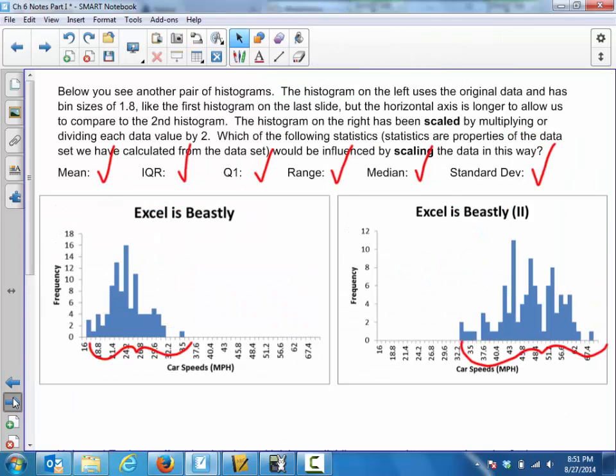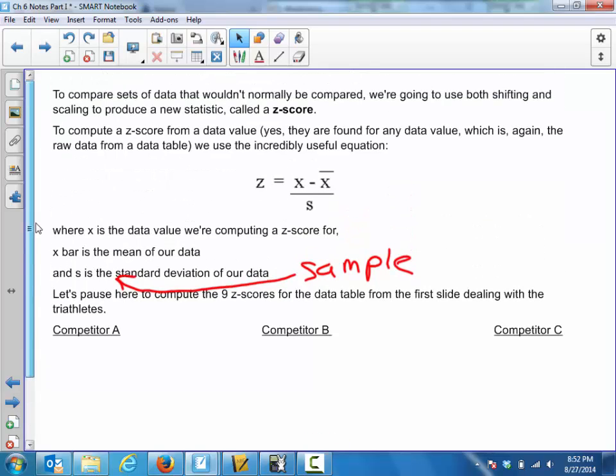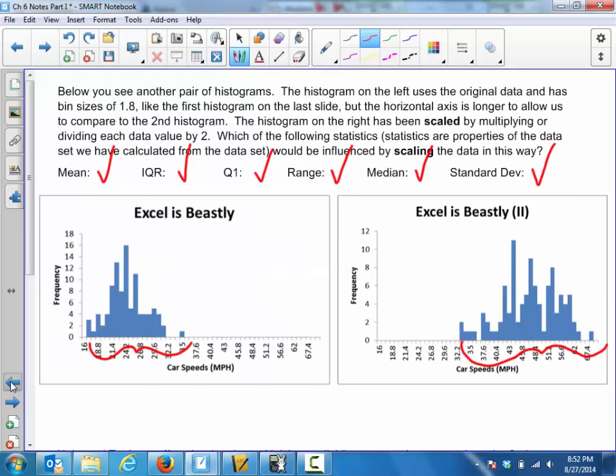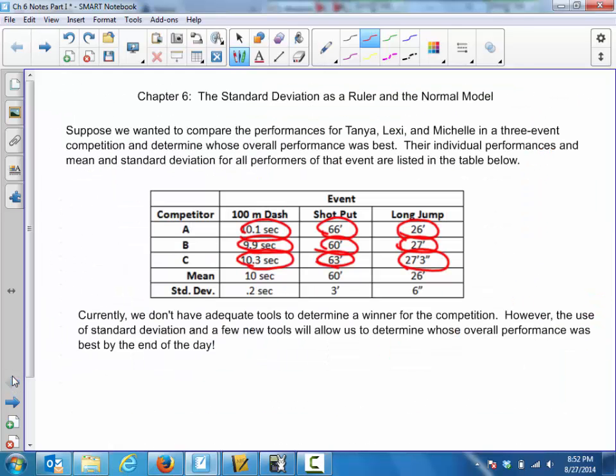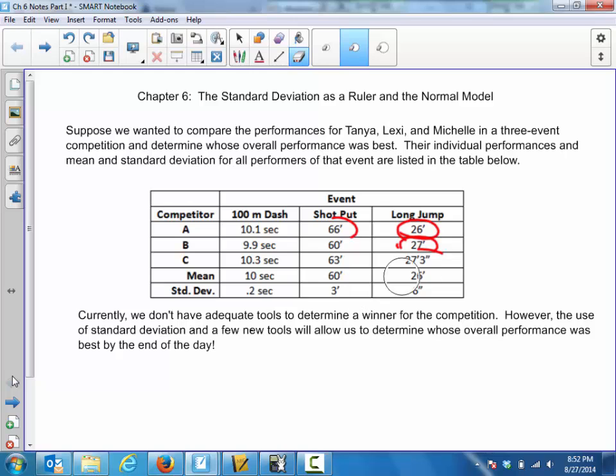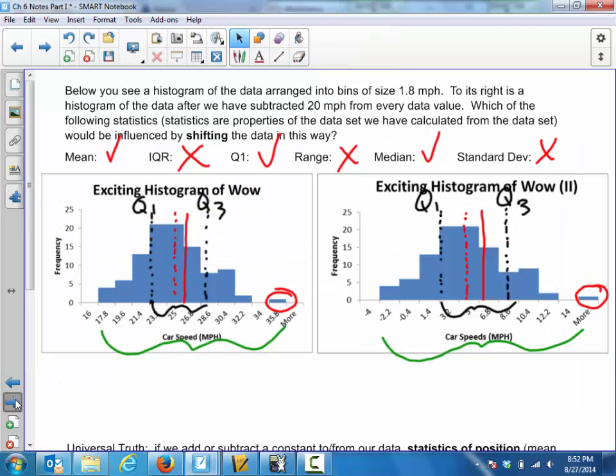We're going to use this z-score equation 9 times, and I'm going to speed it up because you don't want to see that calculated 9 times, using the sample mean and the sample standard deviation listed in that first slide. For long jump distance, we're going to use this x bar and this s whenever we're trying to find a z-score for a long jump. Okay, enough talk, let's get to it.